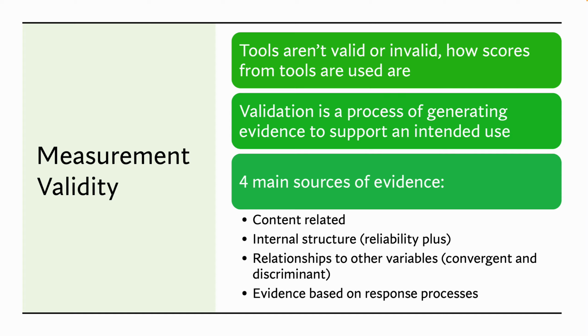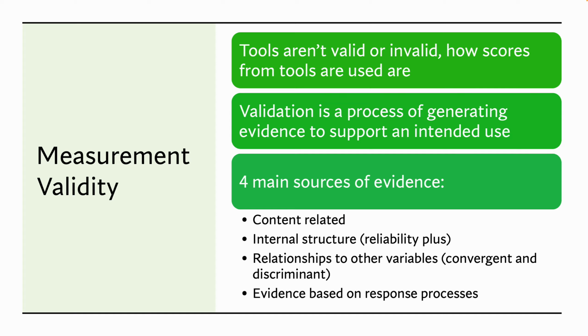Relationships to other variables is now taking the scores you get from your instrument and saying, because I'm measuring some kind of construct like motivation to learn, it should correlate with things like how much time a person spends studying, for example, for a subject that you're measuring their motivation in.